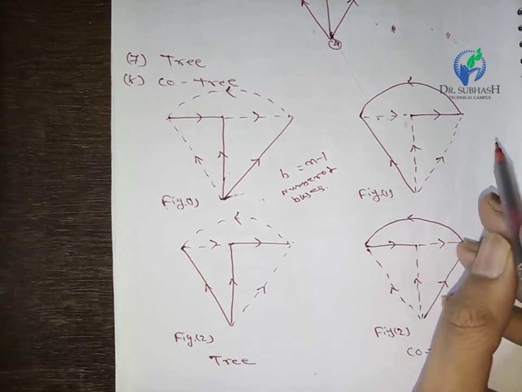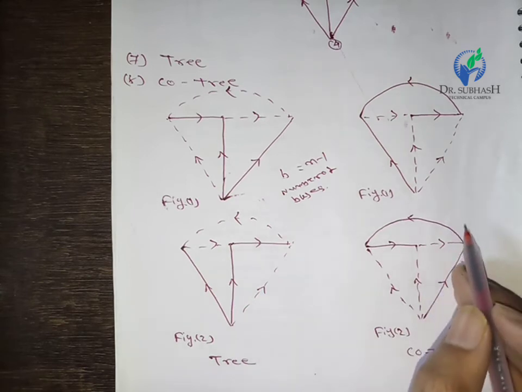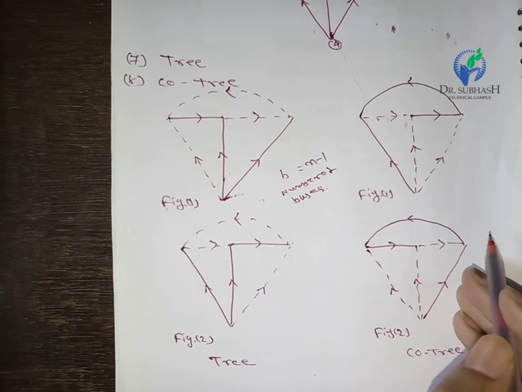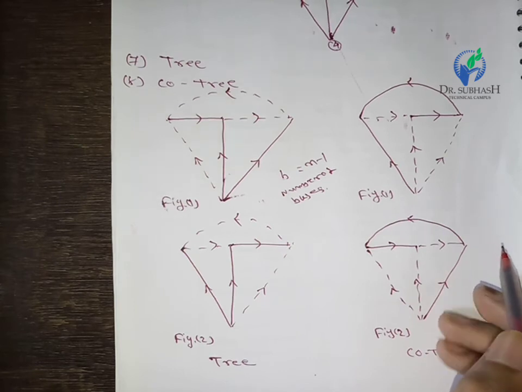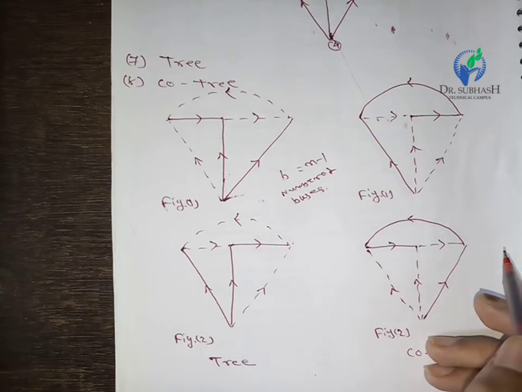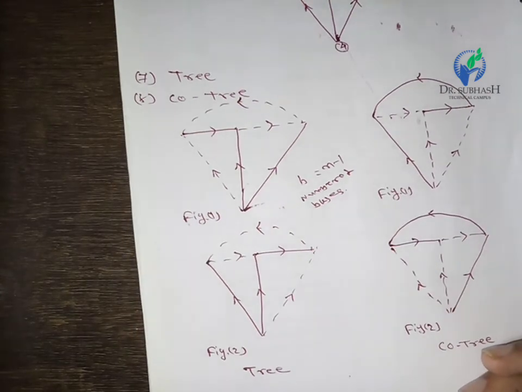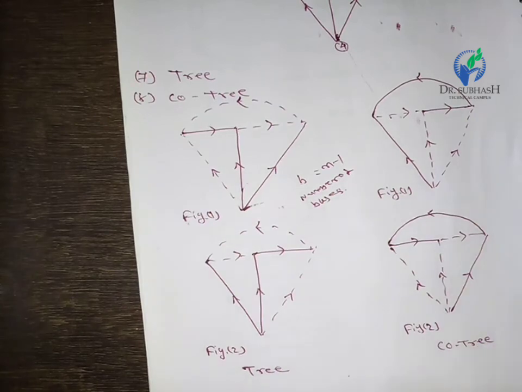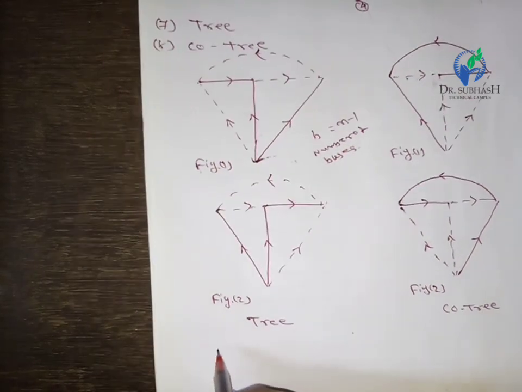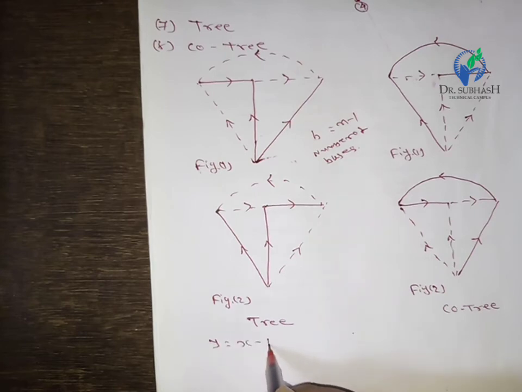There is a co-tree for every tree. If x is the total number of elements, then the number of links y of the connected graph, whose branches are b, can be written as y is equal to x minus b.